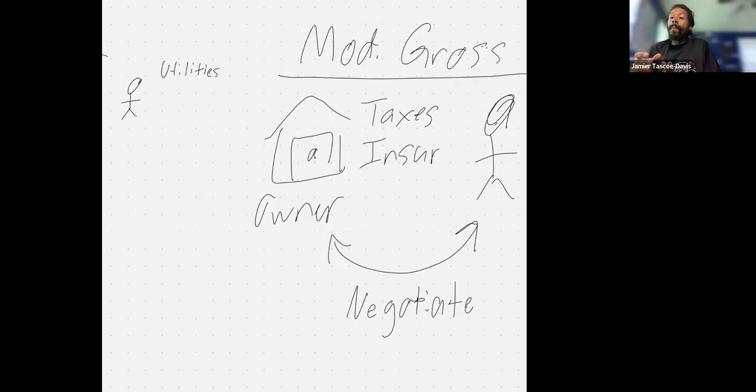Okay. So in the case that you're not able to cover what you pay for, that's also stated in the lease agreement. You now have an outstanding balance.